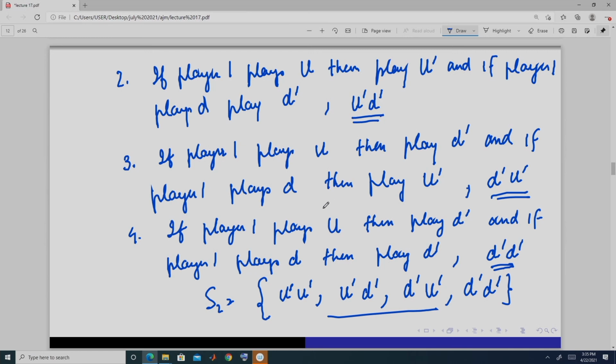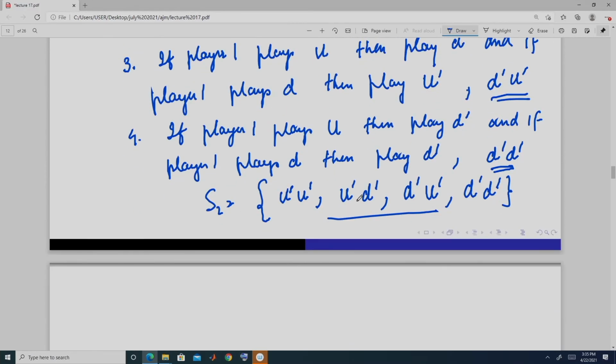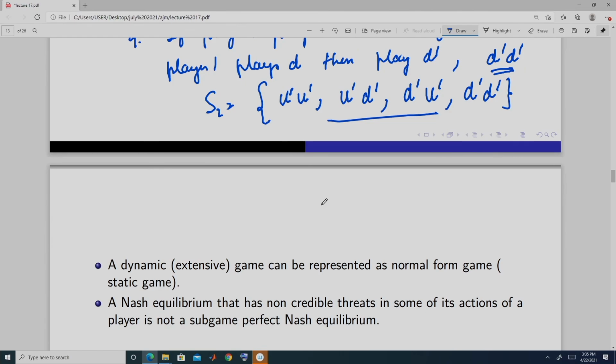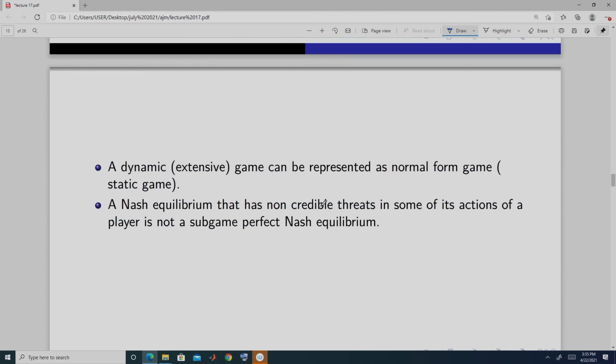Now, once we know the strategies, we can specify this dynamic game as a normal form or a static game. I will show you how in a moment. If we have a normal form game, then we know how to find the Nash equilibrium, and then from the set of Nash equilibria of that game, how to find the subgame perfect Nash equilibrium: only those which do not have any non-credible threat.